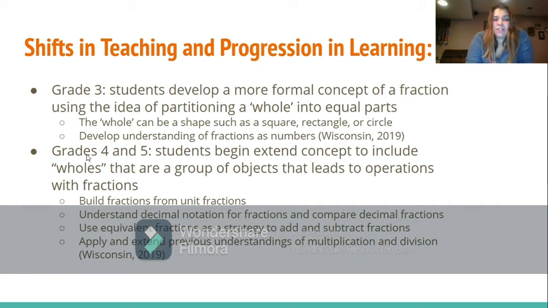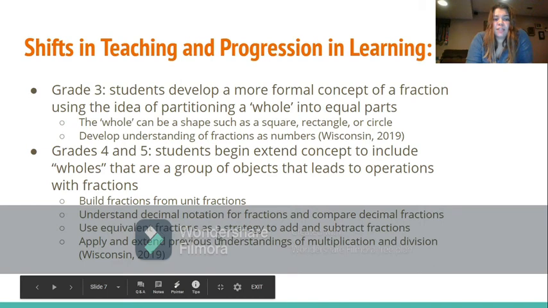Then advancing into grades 4 and 5, students begin to extend the concept to include wholes that are a group of objects that lead to operations with fractions. They're going to understand decimal notation for fractions and compare decimal fractions. They're going to use equivalent fractions as a strategy to add and subtract fractions. And they're going to apply and extend previous understandings of multiplication and division.